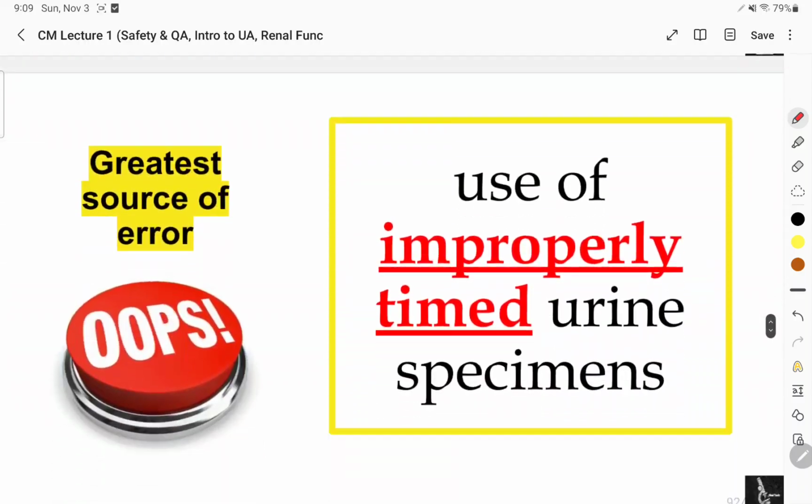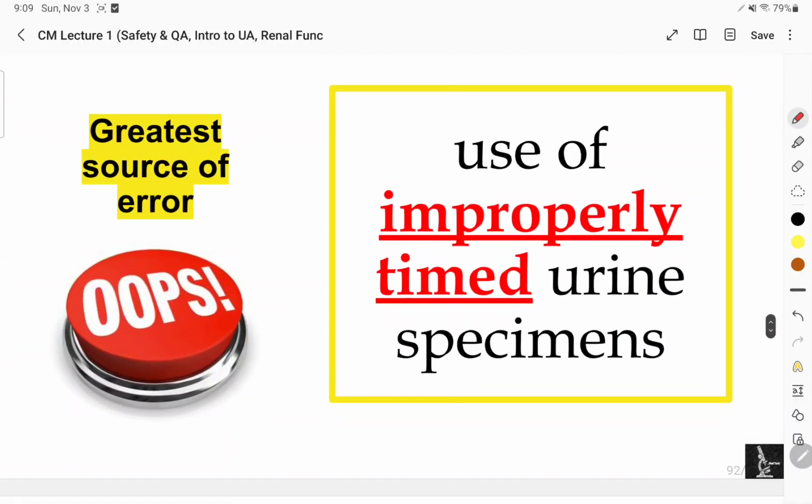Okay? So, the greatest source of error if we are doing creatinine clearance or the 24-hour urine creatinine clearance is improperly timed urine specimens. Okay? So, sayop ang pagka time sa ato ang specimen collection.